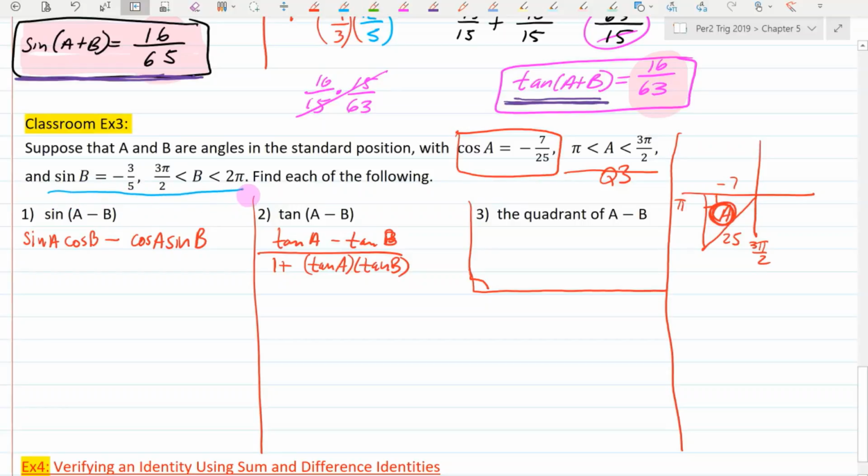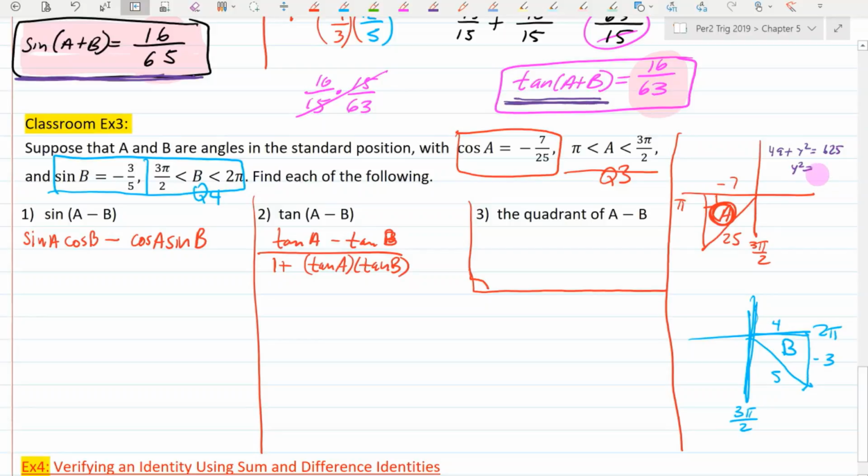For B, we're in quadrant 4, from 3 pi over 2 to 2 pi. And sine is negative 3/5. That means that's a 4. Here, if you work this out, we have 49 plus y squared equals 625. So y squared equals 576 and y equals 24.